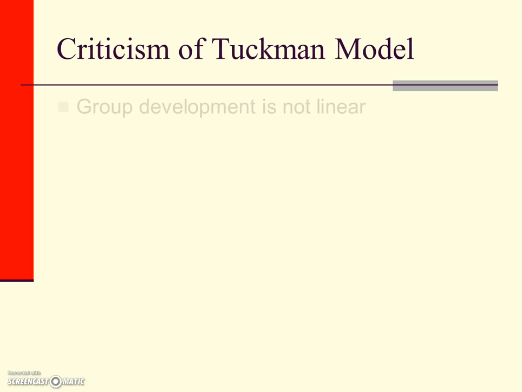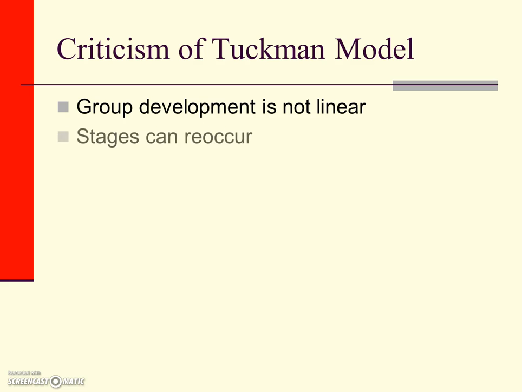So some of the criticisms regarding Tuckman's model: the first criticism, which is the overarching criticism, is that group development is not linear. Many critics have raised the idea that the model should possibly be cyclical in format. They argue that storming, norming, performing could actually run in a circle with teams going from one to another, which leads us to the second most common criticism, that the stages can reoccur.